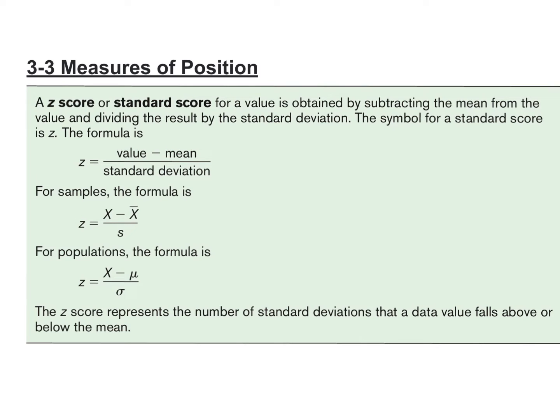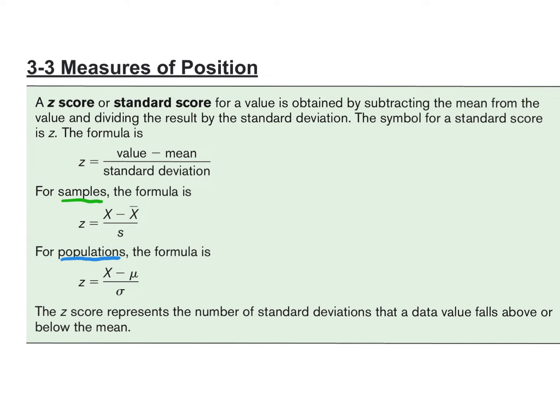The distinction that's being made is that if we have a sample, the notation is different. We take the value, whatever the value is, subtract the mean. So x-bar is the mean for the sample, and s is the standard deviation for the sample.